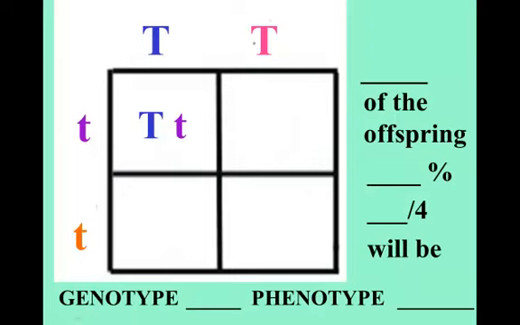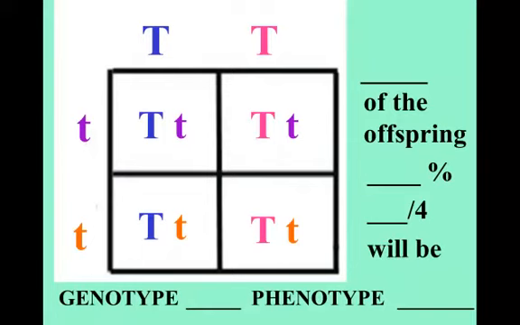If dad gives this gene choice and mom gives this gene choice, I could get this combination, or this combination, or this combination. This one from here, this one from here, and now those are my possible offspring combinations.